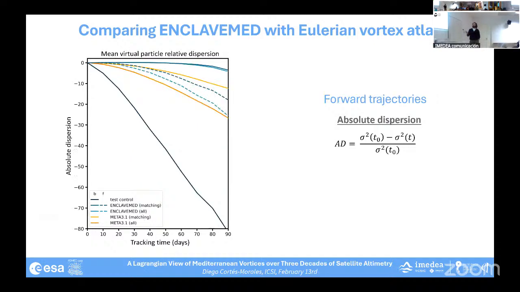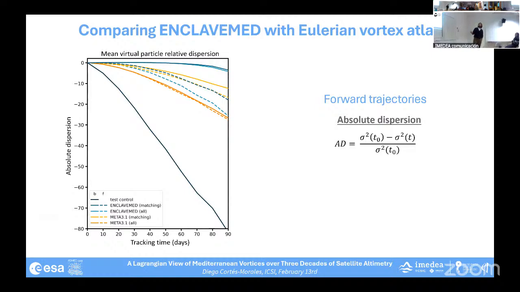I've done the same for backward trajectories, and again we have found that there is more dispersion for the Lagrangian vortices. However, when we check the forward trajectories in the Eulerian case for the matching Lagrangian and Eulerian structures, they're very similar.